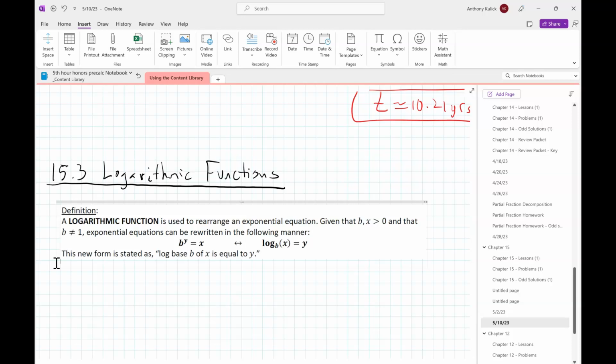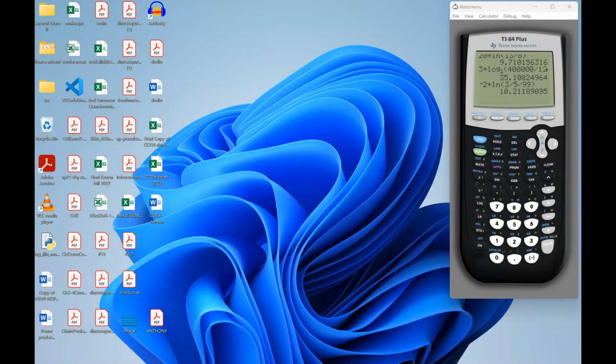That's our definition for a logarithm. It's just this statement that these two equations are equivalent, that I can take any exponential equation and recast it as a logarithmic equation, or take any logarithmic equation and recast it as an exponential equation. Does that ring a bell looking at it? Good.